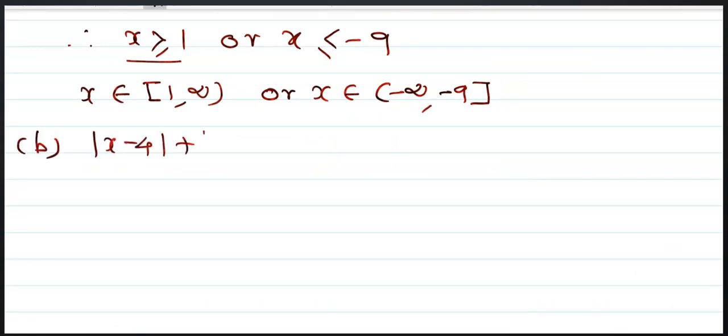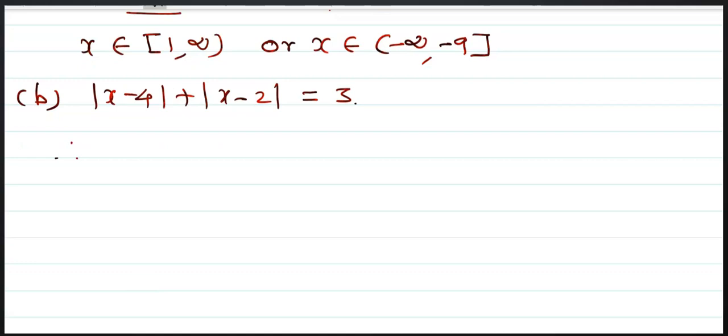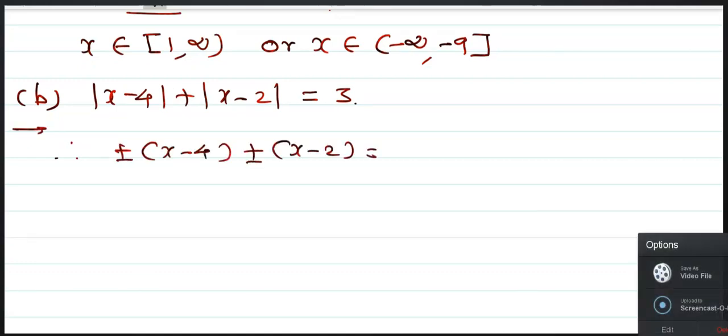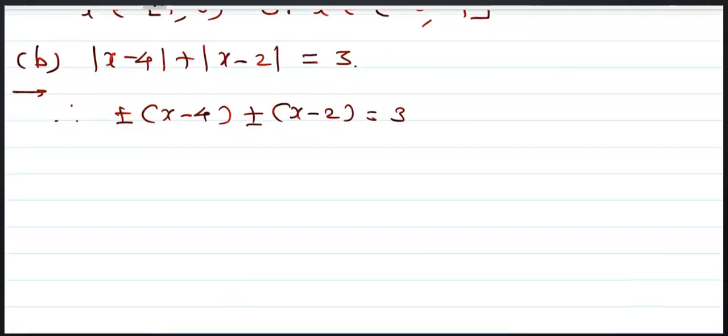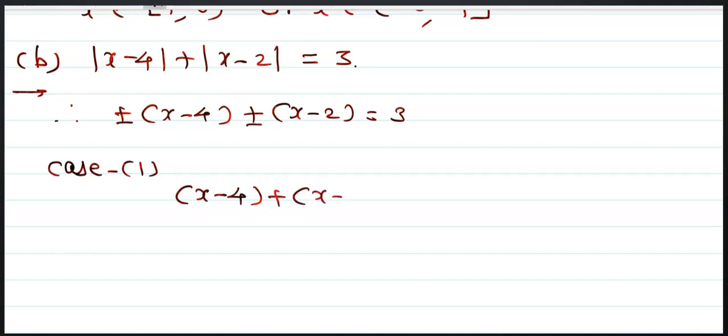Now next is B, that is mod of x minus 4 plus mod of x minus 2 equals 3. Here we have different possibilities. That is, plus or minus x minus 4 plus or minus x minus 2 equals 3. Now we have 4 different possibilities. Case 1, both of them are positive.